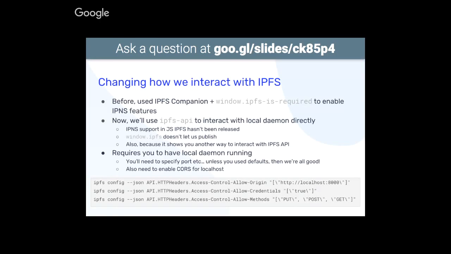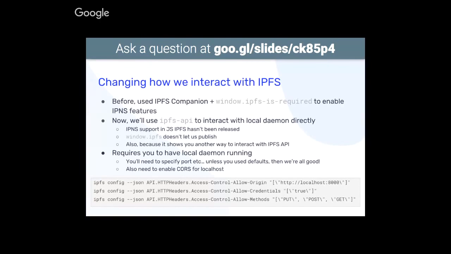However, as I mentioned last week, IPNS support in the IPFS JavaScript library hasn't been released yet. And window.ipfs doesn't actually let us publish hashes. So we're going to take a different approach with the DApp that we started last week and are working on this week, where we're going to use the IPFS API package to interact with our local daemon directly rather than through the browser extension.